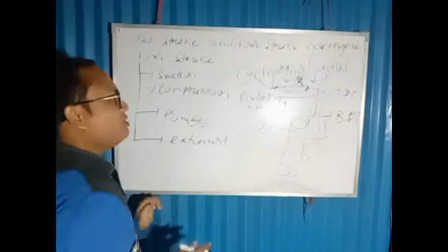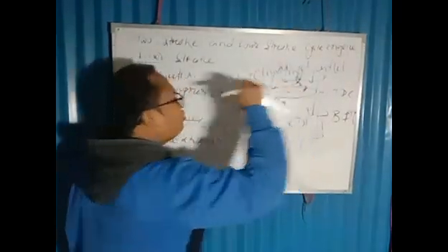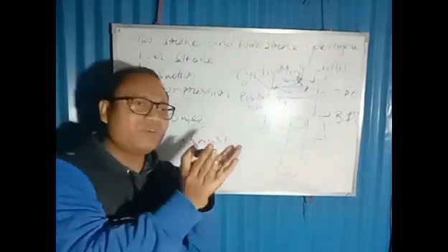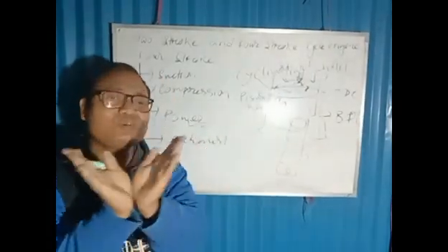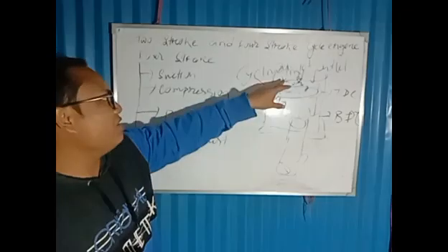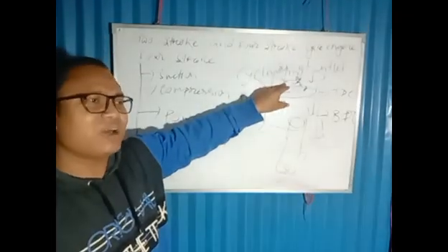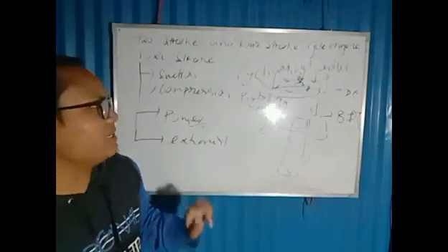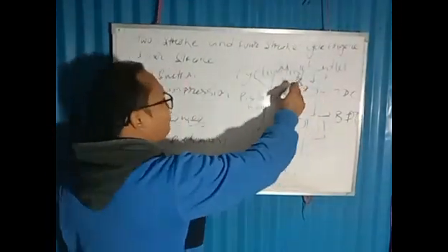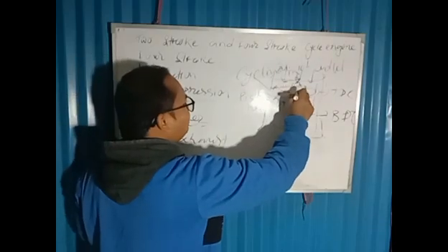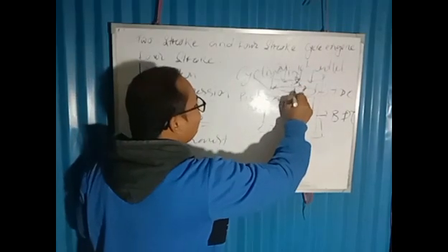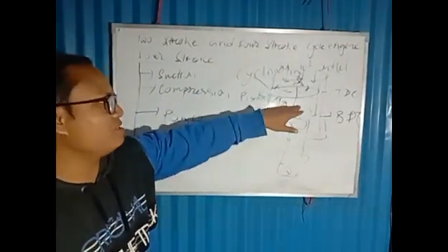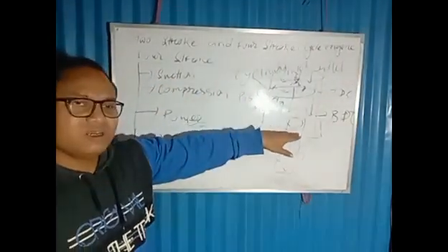When the air-fuel is burning, a huge amount of burnt gas is generated, and high pressure is created. Due to this high pressure, the piston moves from TDC to BDC, top dead center to bottom dead center.